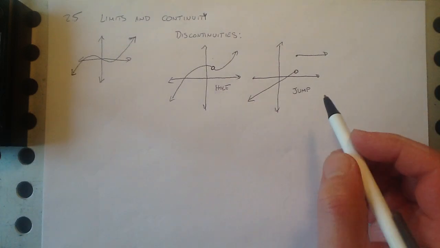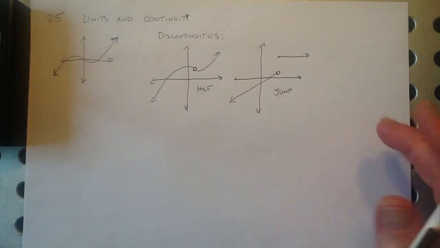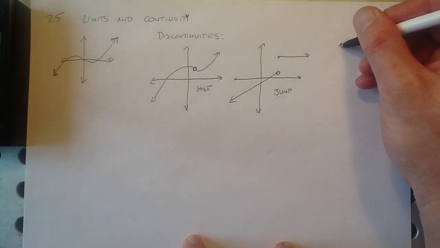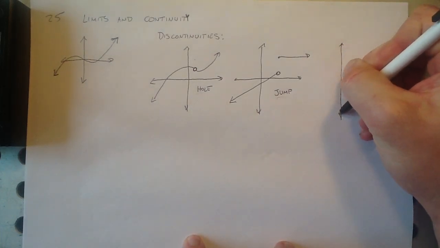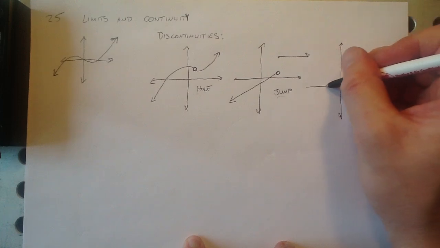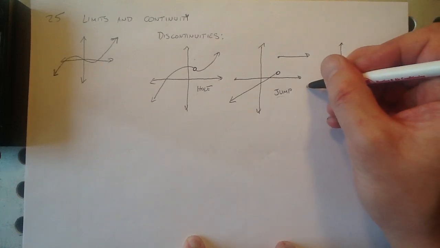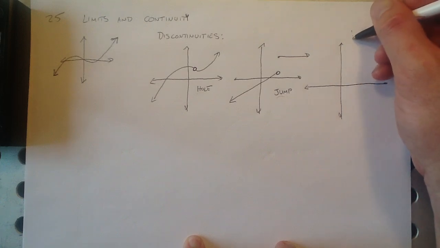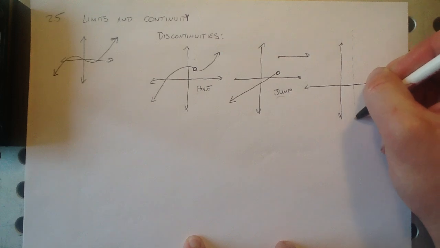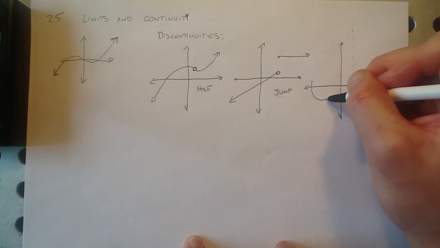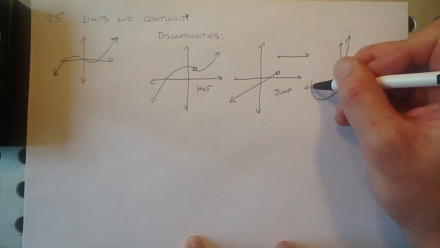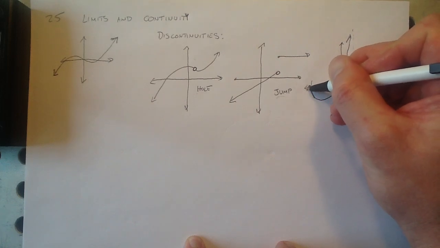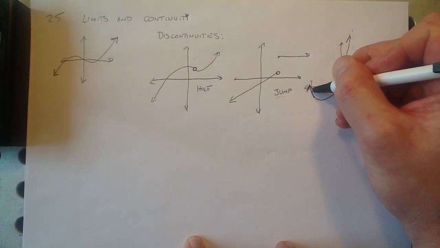But we have holes, jumps, and then the worst kind of discontinuity, I guess, and I say worst in terms of having any chance of repairing the function into something that is continuous, is when you have a vertical asymptote. Sorry, I didn't mean for that to look vertical there.